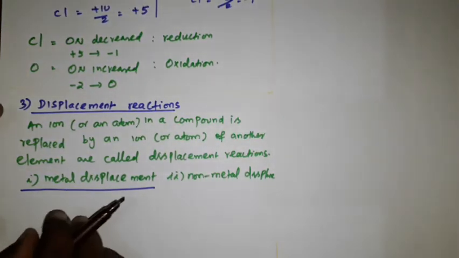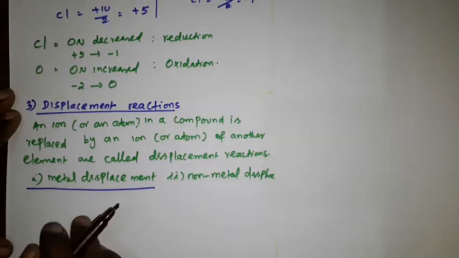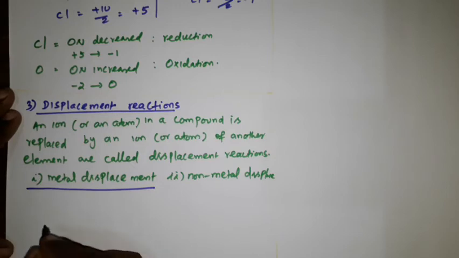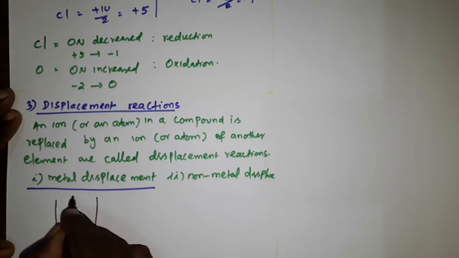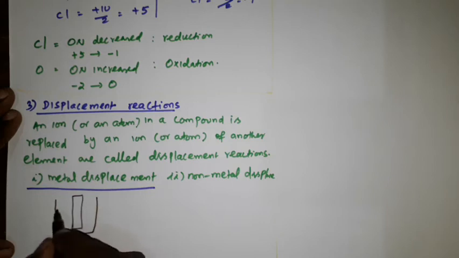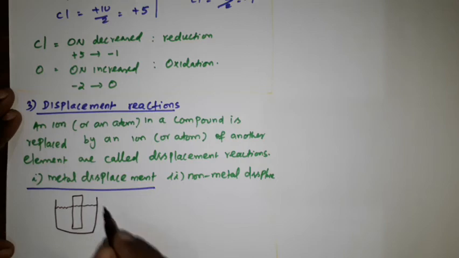You can explain metal displacement by one small experiment. Place a metal strip, that metal strip is zinc. Keep the zinc metal in a copper sulfate solution, that is aqueous copper sulfate.